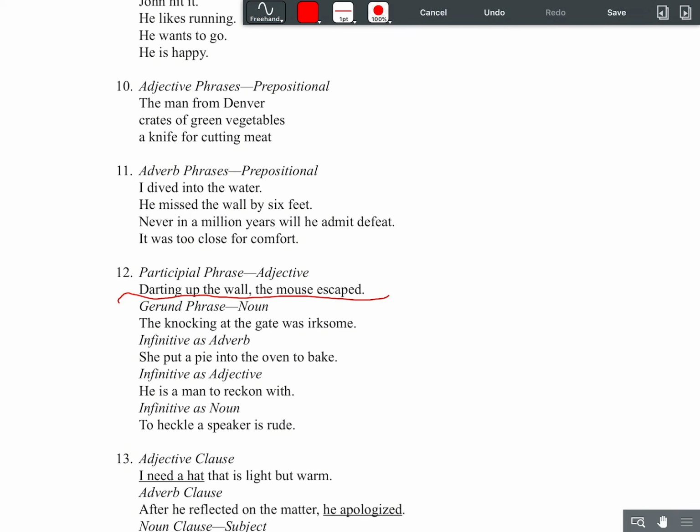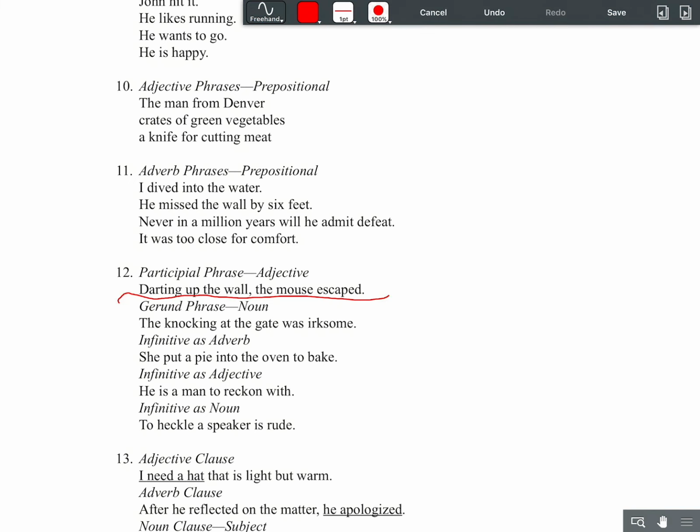It delimits mouse because it tells us the type of mouse. It's a mouse that's darting up the wall. So the base concept is the mouse escaped. And conceptually, "darting up the wall" tells you something about the escape. But grammatically, it is a thing the mouse is doing.